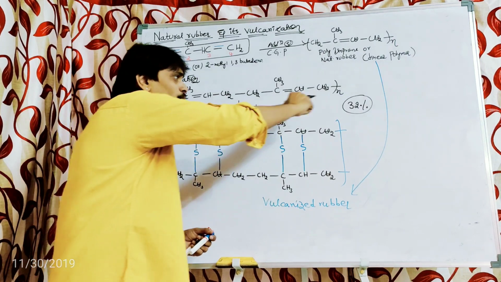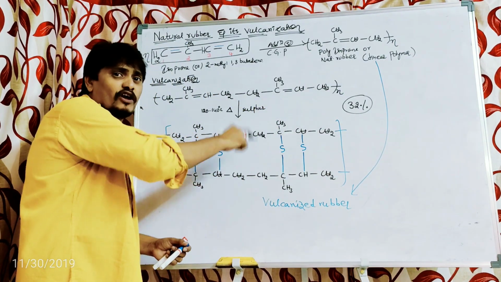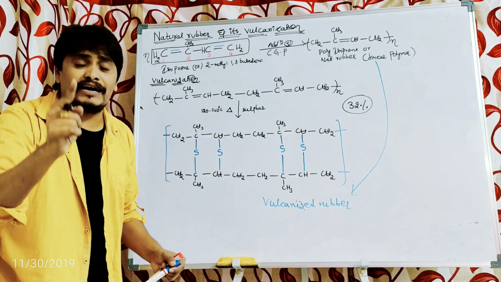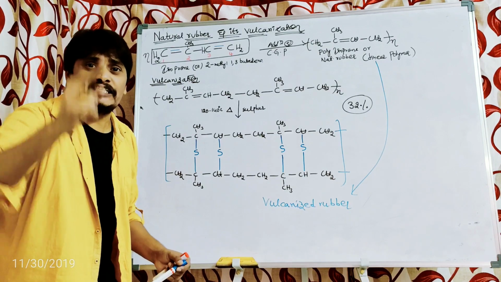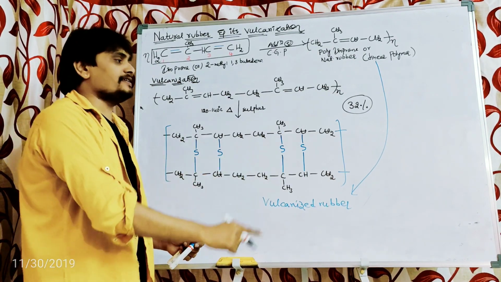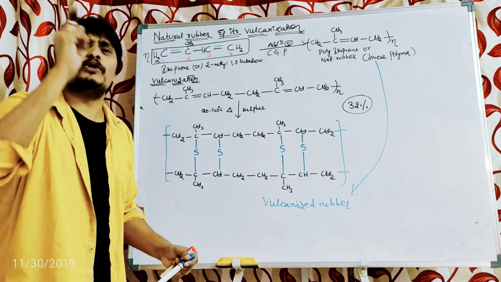Because if we add more sulfur powder, more cross linkages are developed. When more cross linkages are developed, then it loses its flexibility, it loses its elasticity, and it becomes absolutely rigid in nature.